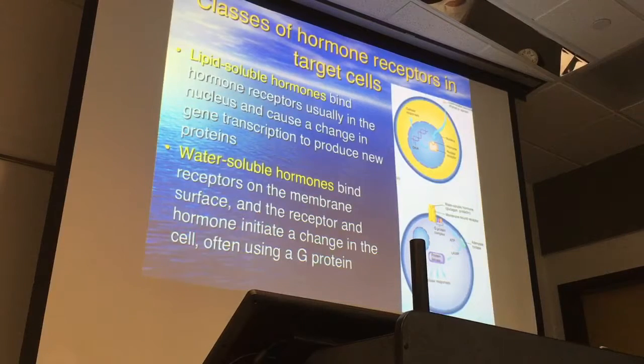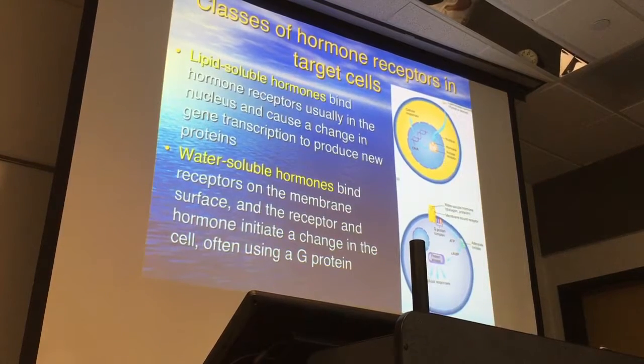Okay, classes of hormone receptors in the target cells. Remember those lipid-soluble hormones? They go right through the membrane, right through to the nucleus, and almost always, there are exceptions, but almost always, that receptor for that lipid-soluble hormone is in the nucleus. There are some that have a receptor in the cytoplasm.